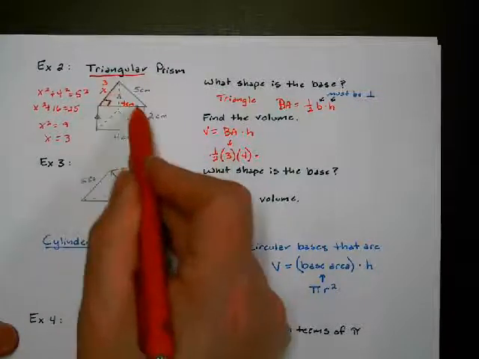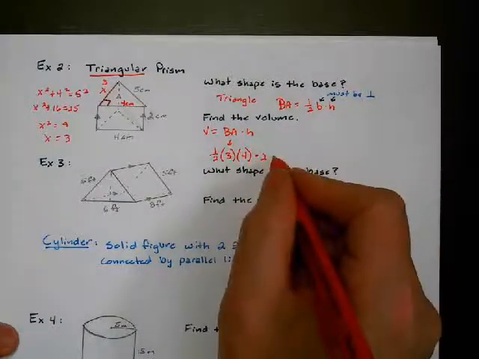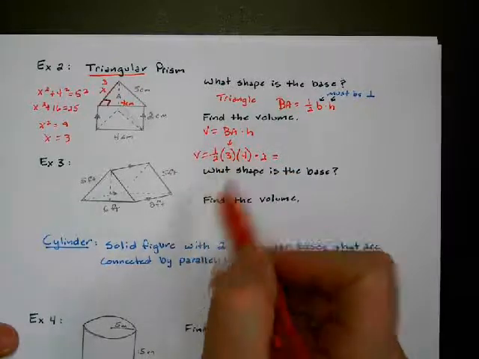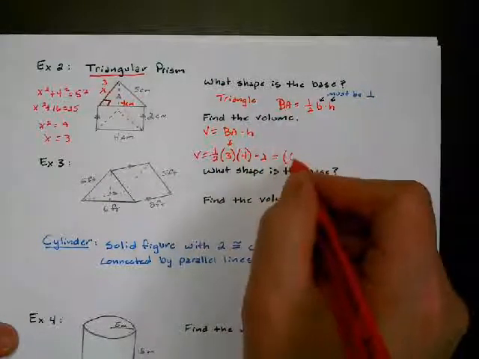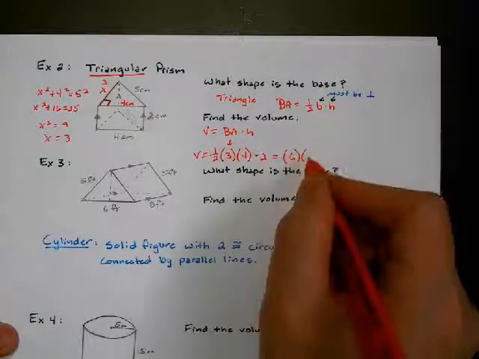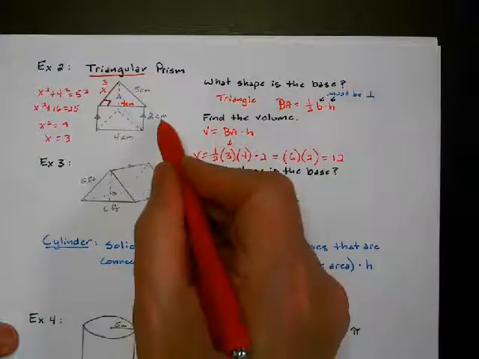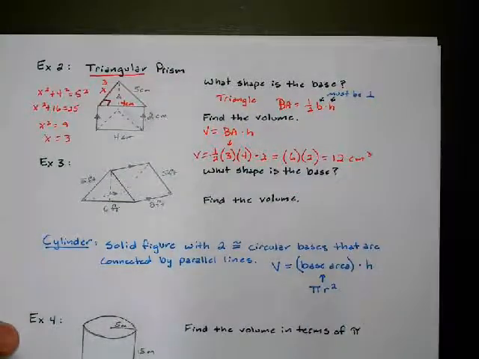So we're going to put 2 right there. So 1/2 of 3 times 4. Well, 3 times 4 is 12. Half of that's 6. And then times 2, we get 12, and this is in centimeters cubed. So there would be 12 cubic centimeters inside of that object.